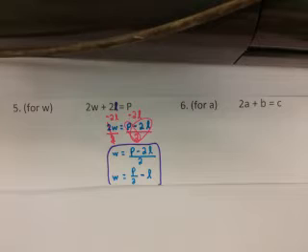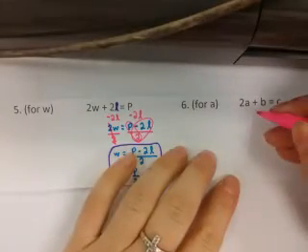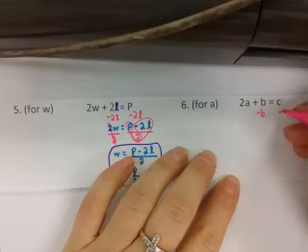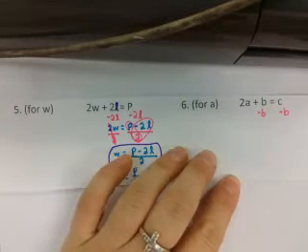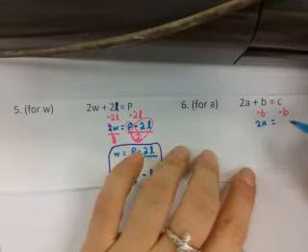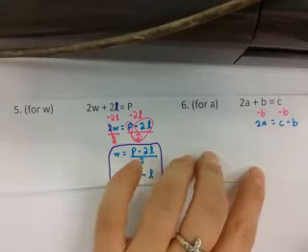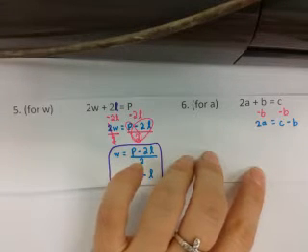Okay, on problem number 6, we need A by itself. So we have 2A plus B equals C. So the first thing we're going to do is subtract the B. So now we have 2A is equal to C minus B. Well, we need A by itself.